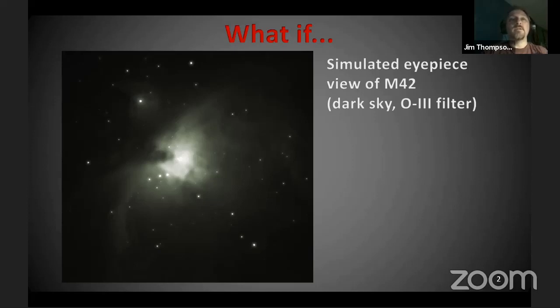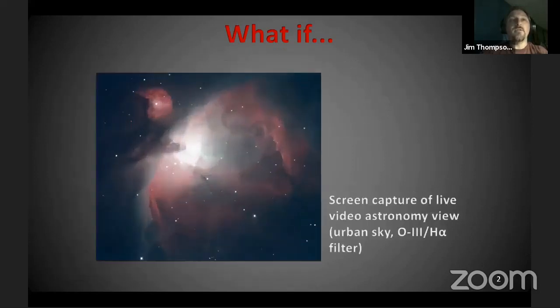But this is a simulated view of the best view that I've had of this object through a telescope with my naked eye from a dark sky, using a filter to help improve the contrast, something called an oxygen 3 filter. But what if instead of this view, you could have this view?